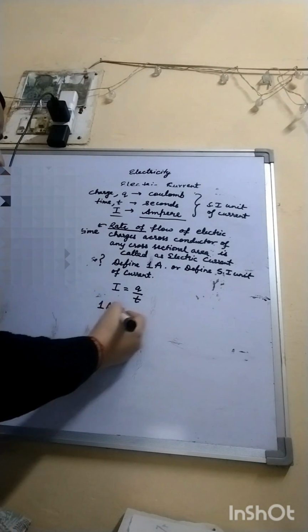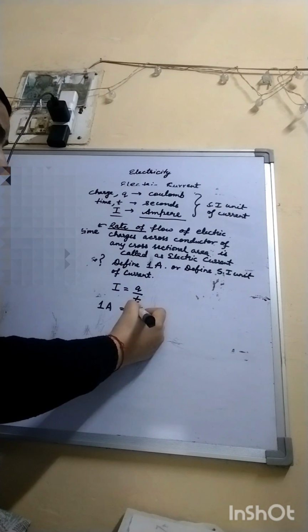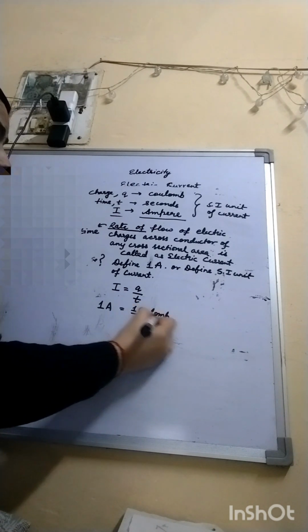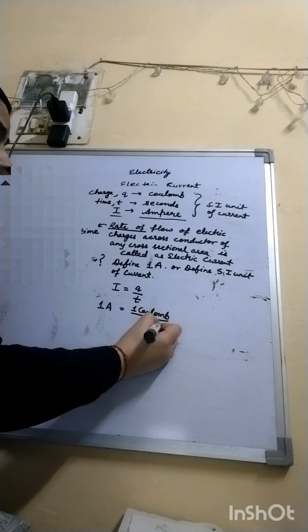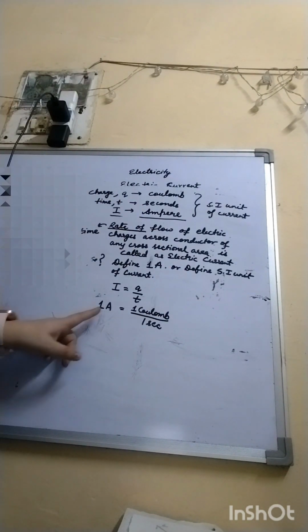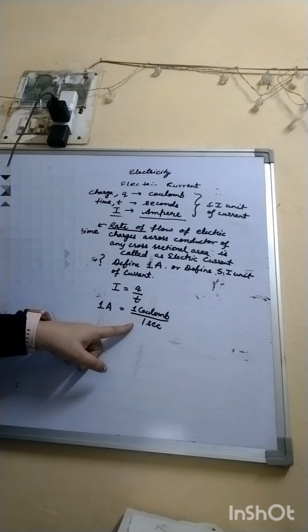So how would I get 1 ampere? It would be 1 coulomb upon 1 second. How can I get 1 ampere here? If I have 1 coulomb and I have 1 second.